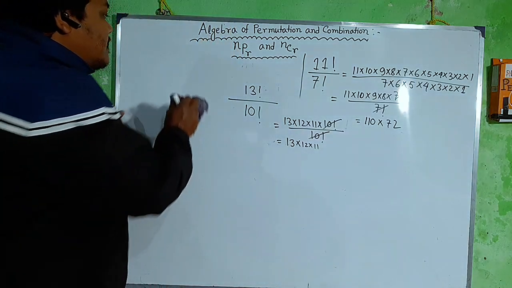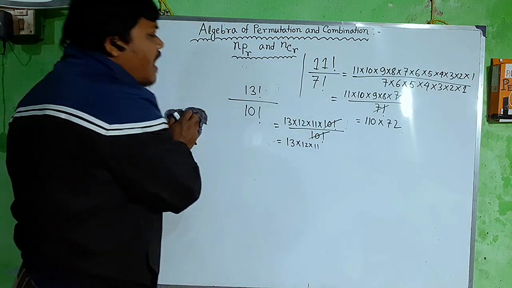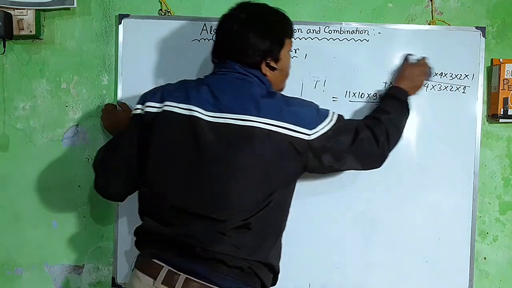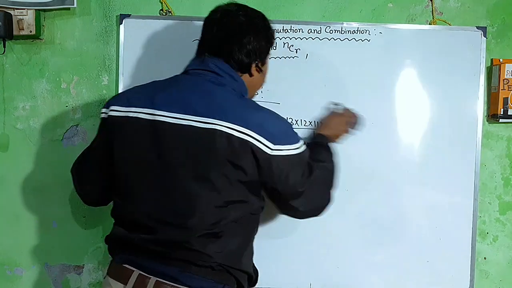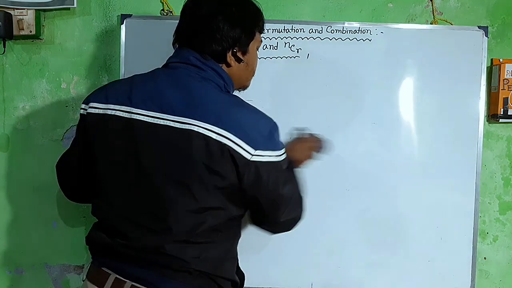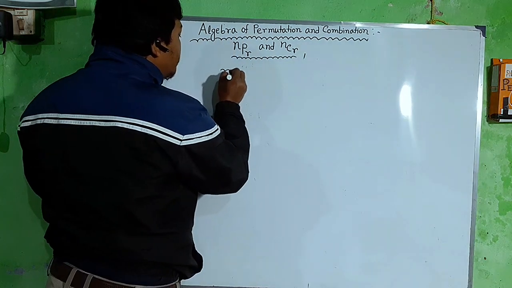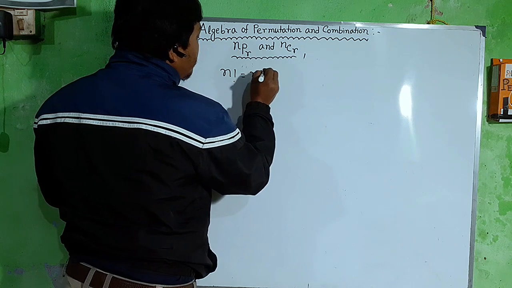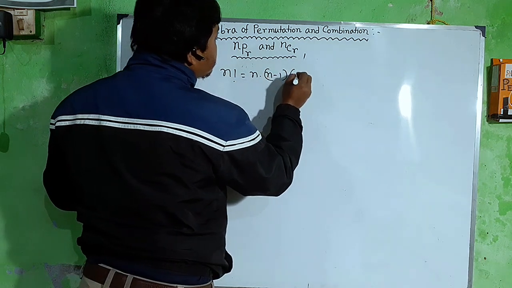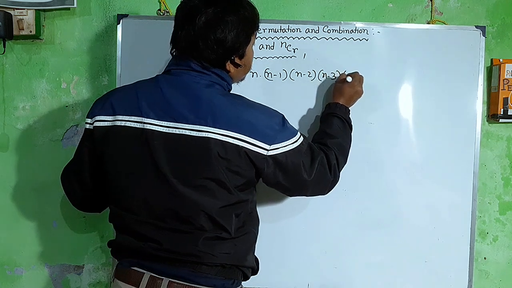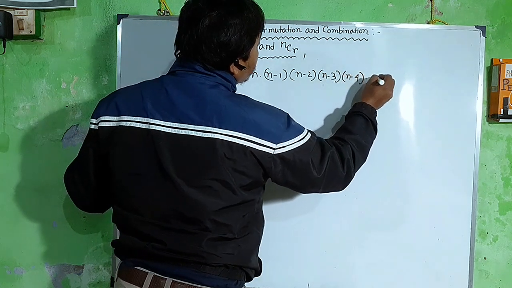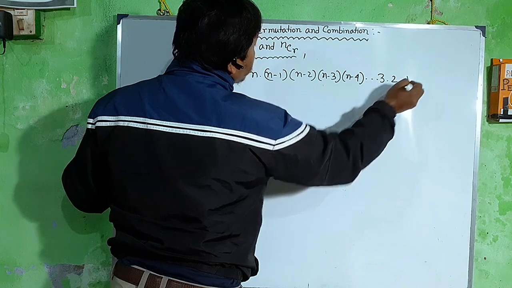Okay, next, that is the factorial notation. I have repeatedly mentioned it here. So what is factorial n? Factorial n means n into n minus 1 into n minus 2 into n minus 3 into n minus 4, down to 3 into 2 into 1.